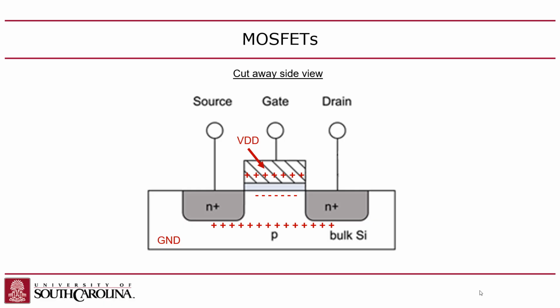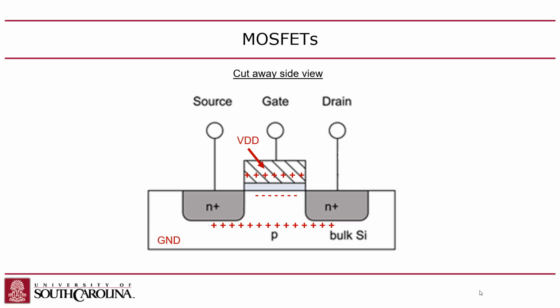What is the voltage of the channel? Well, the voltage of the channel can only be calculated as a gradient of voltage from the source to the drain. So basically, the left side of the channel is the source voltage, right? The right side of the channel by the drain is the drain voltage. And so there's a gradient of voltages.